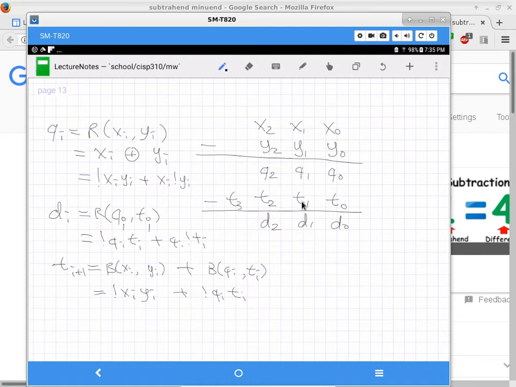So we want to use the same solution with carry look ahead. This time it's called borrow look ahead. But the question is, does the math work out so that we can use that technique? That becomes the next question. Can you put in for xi not yi and then for qi not ti?